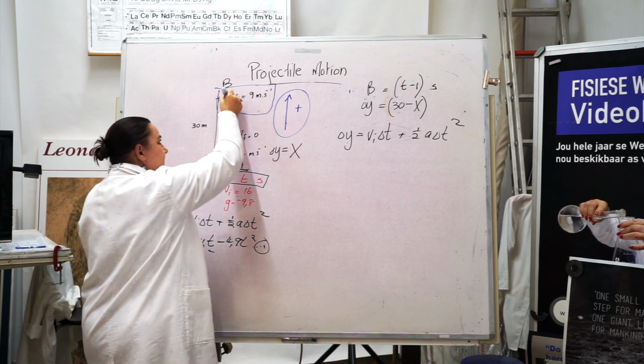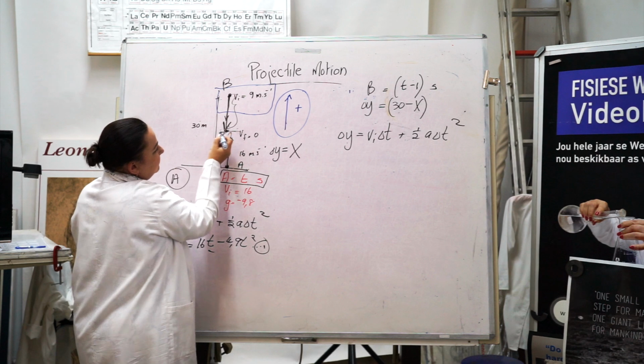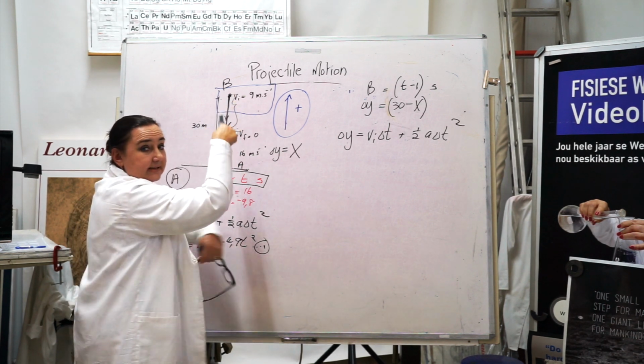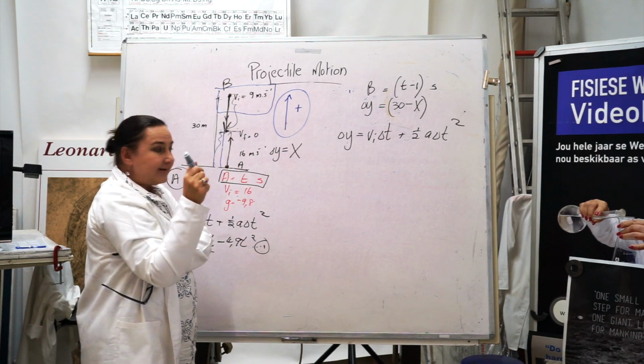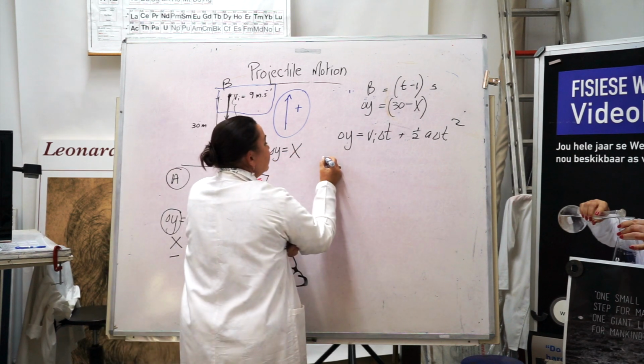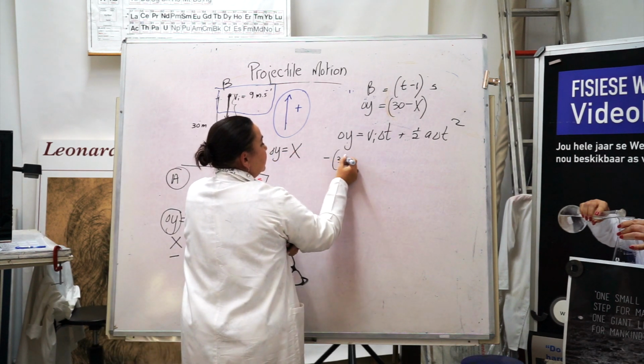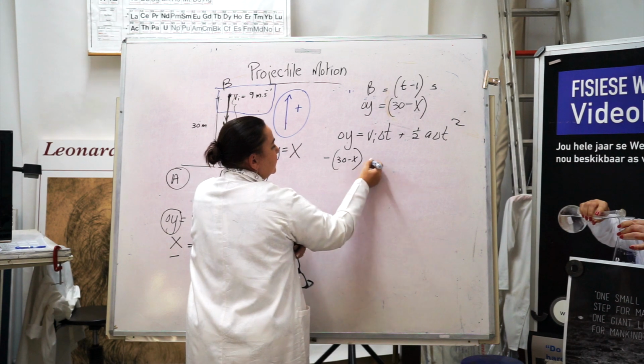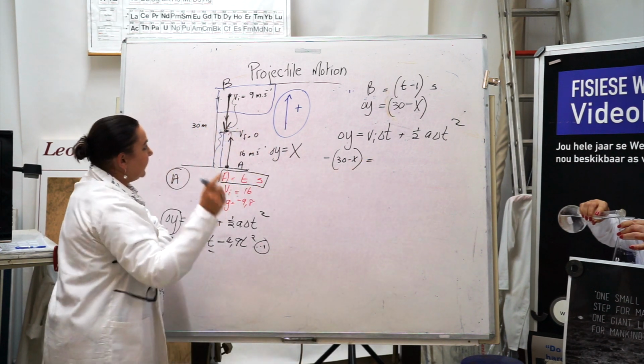No, it starts there and it would be at that point. So can you guys see that delta y is going to be a negative? So it would have to be minus 30 minus x equals another one.